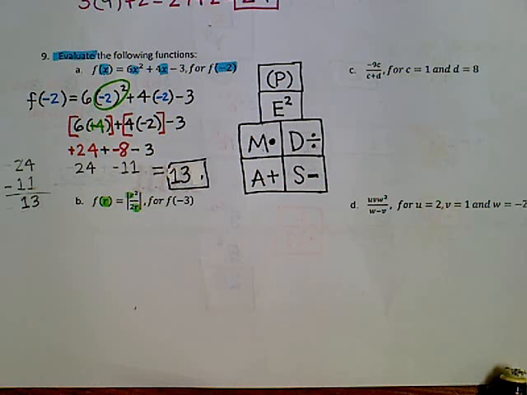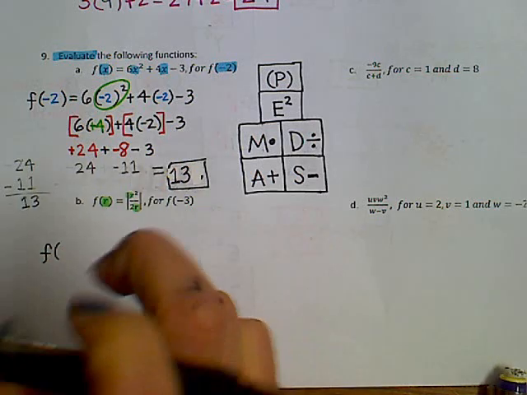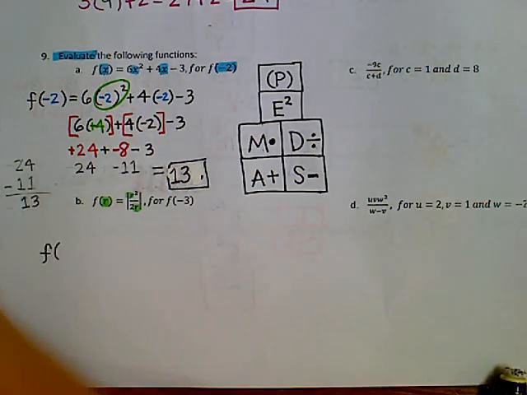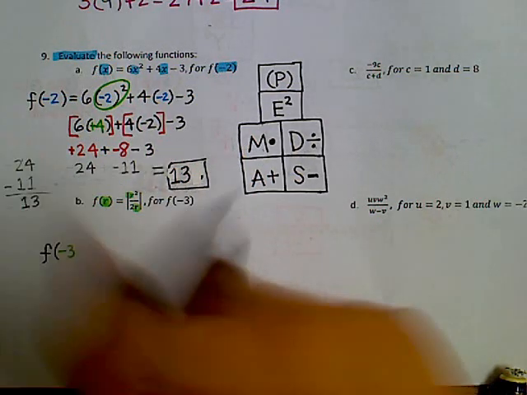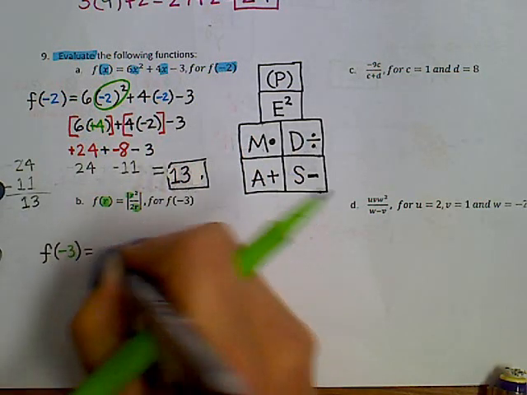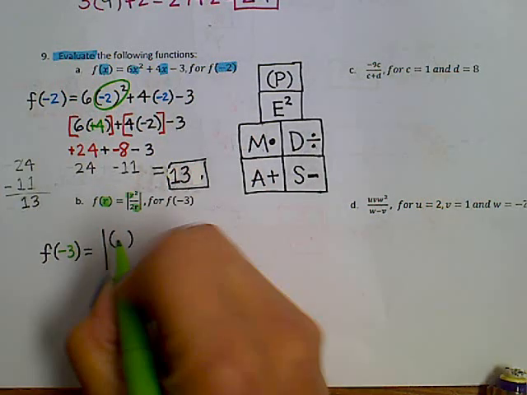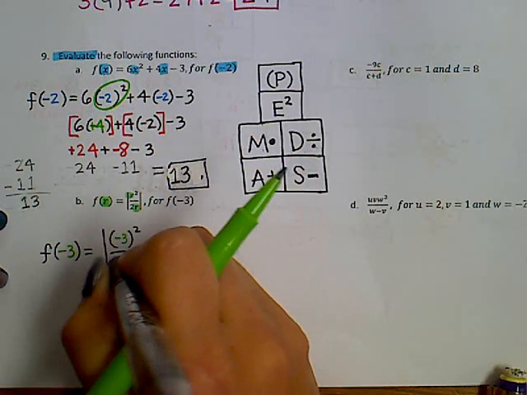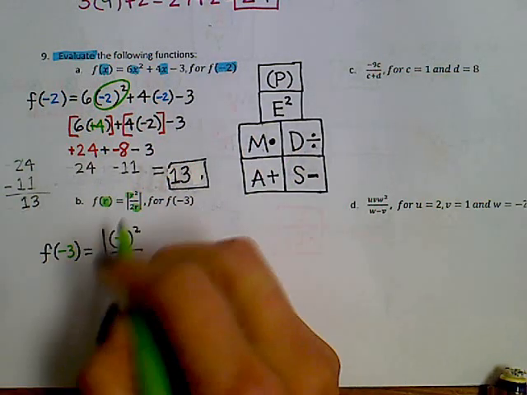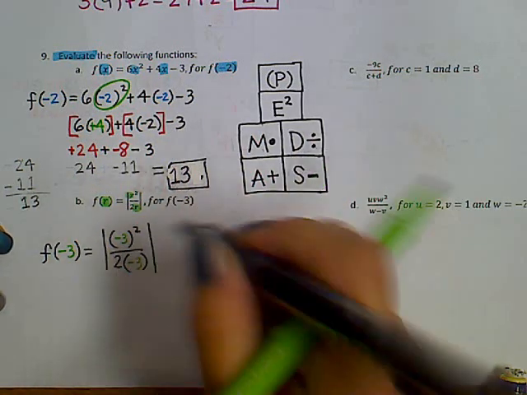So let's go ahead and begin. We have f of, well, negative 3, is equal to the absolute value of negative 3 squared over 2 times negative 3. And then let's close our absolute value bar.